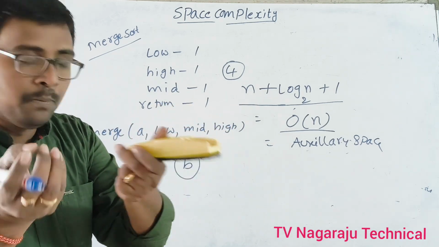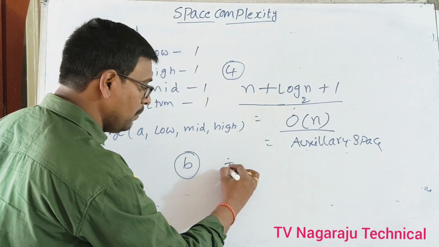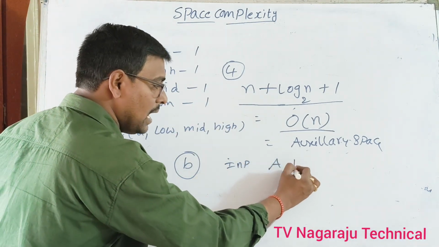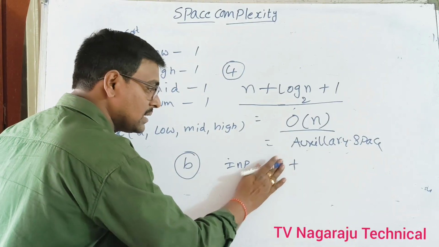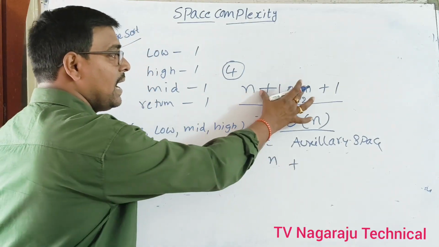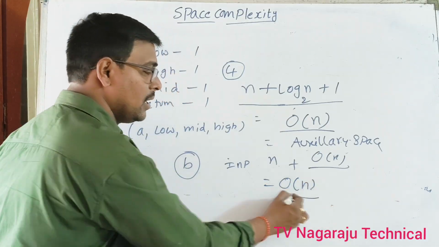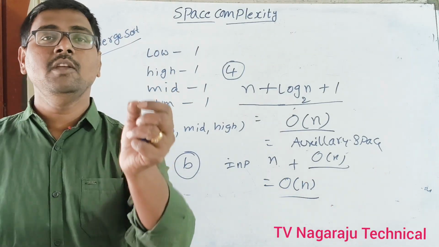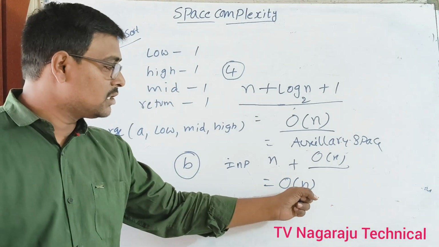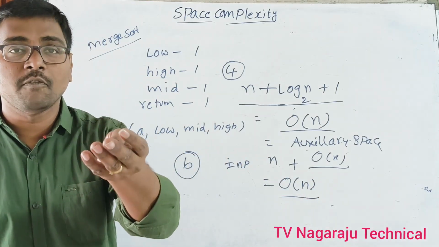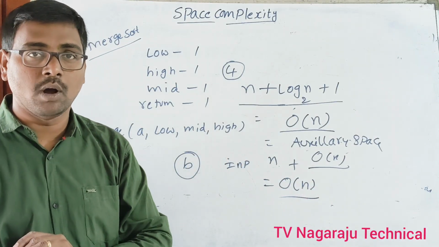Anyway, if you need the input array, what is the input array? A. The size of A is again n. So n plus this thing, big O of n. So in the merge sort algorithm, even if you are using the input array, the space complexity is big O of n.